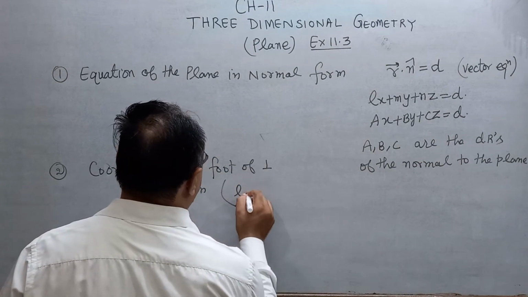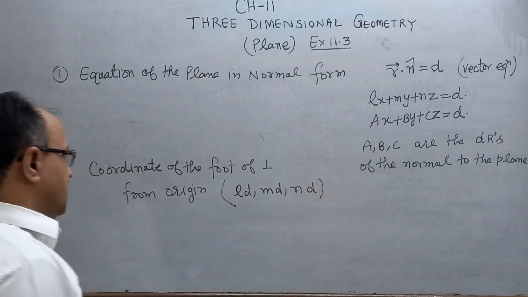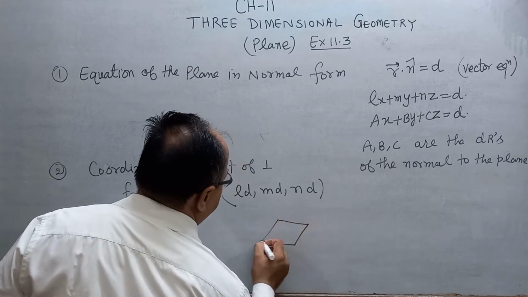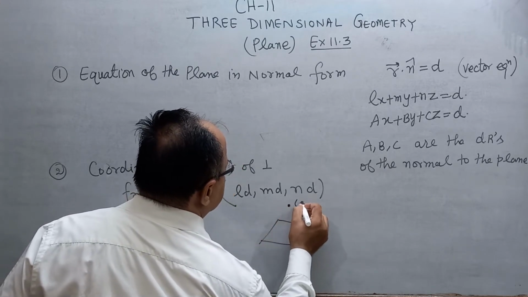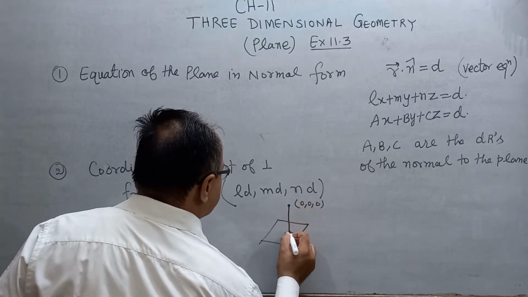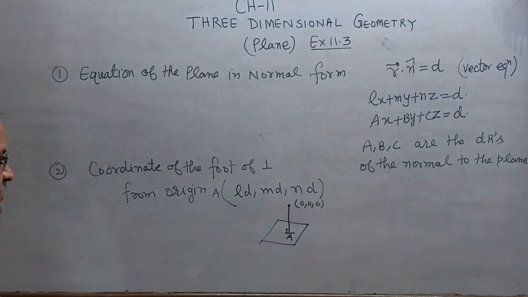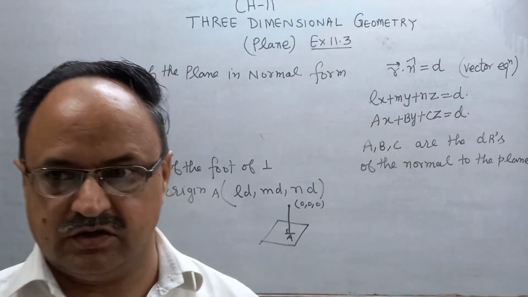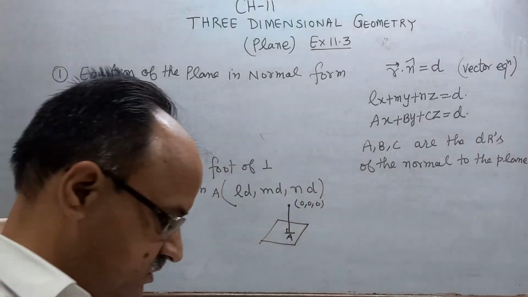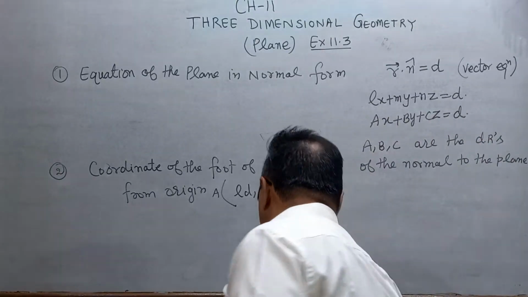The formula is ld, md, nd. Suppose this is the plane and this is the origin 0 0 0, and you draw a perpendicular from the origin. This is the perpendicular. This is the coordinate of A. Clear? This is the second point.